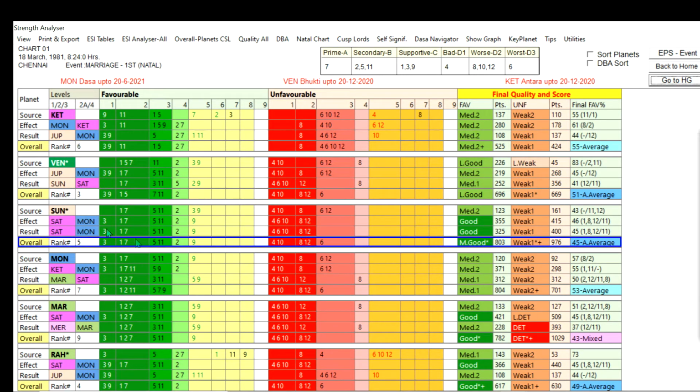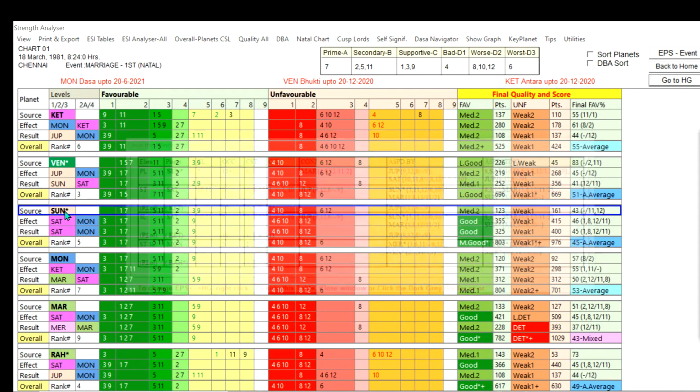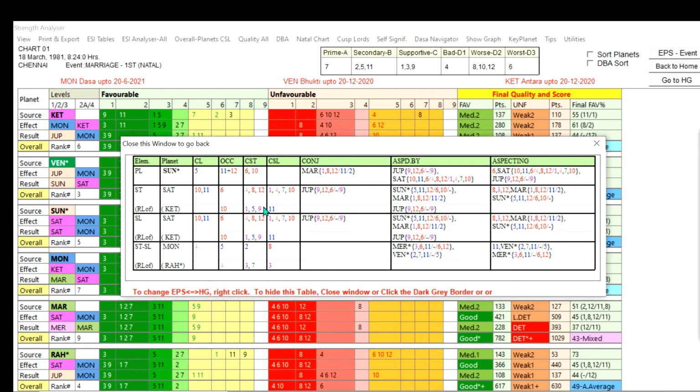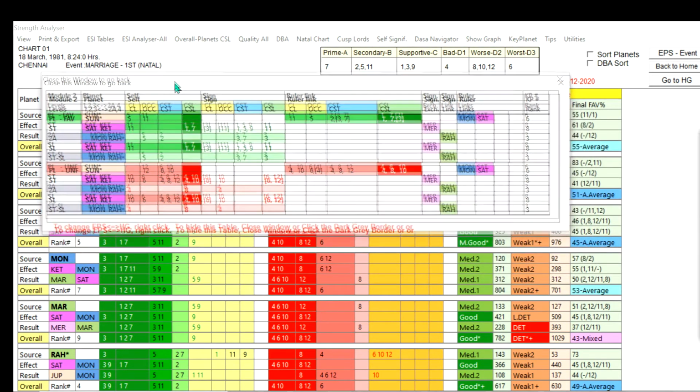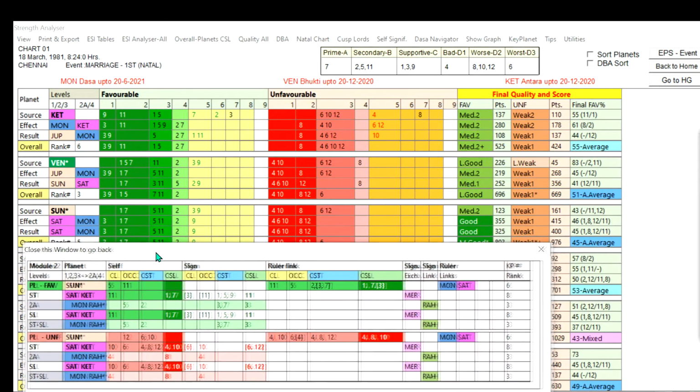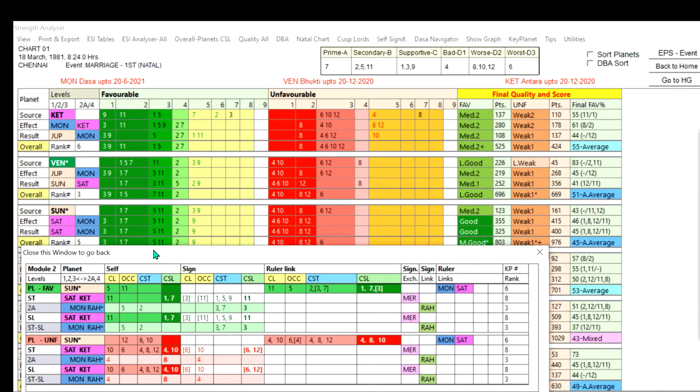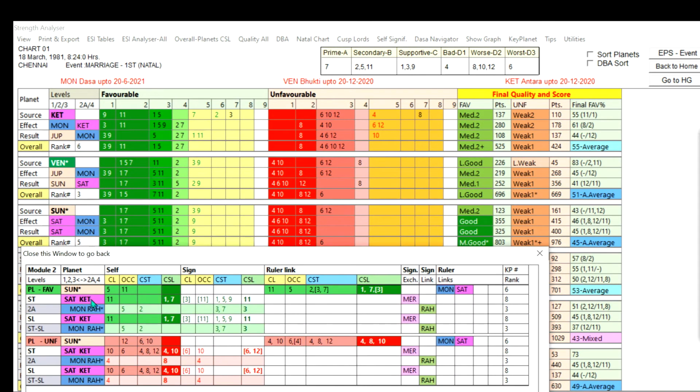Here we are looking at each house's rank, but if you want to see the actual house grouping table of each level, just double click on that planet, and you can see the EPS table appearing. Now if you right click on that page, you can see the house grouping table appearing. So you can verify, Sun planet is here, we are looking level wise here, and the Sun planet house grouping table you can see here.